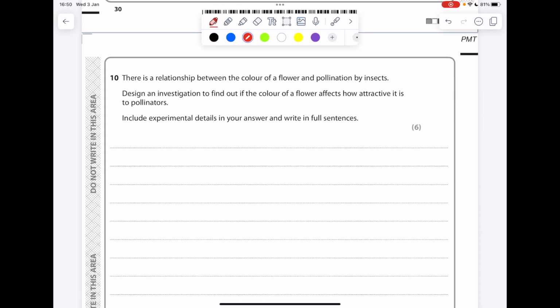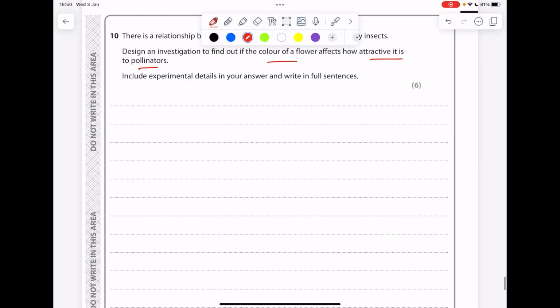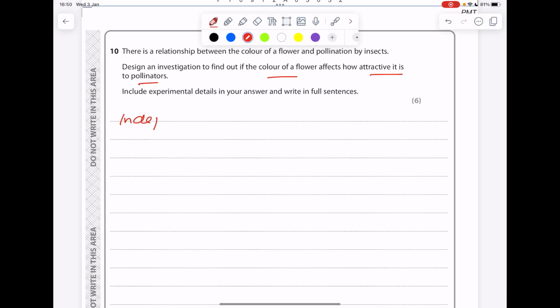There is a relationship between the colour of flower and pollination by insects. Design an investigation to find out if the colour of flower affects how attractive it is to pollinators. Include experimental details in your answer and write in full sentences. If you've been following me for a while, you'll know I like the variable layout here rather than columns. So what are we changing?